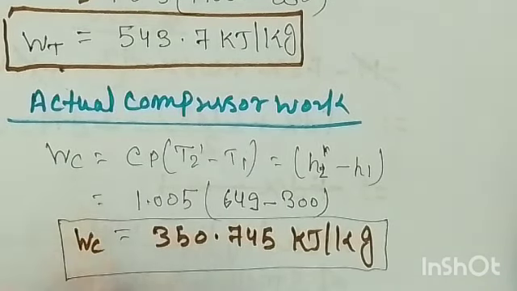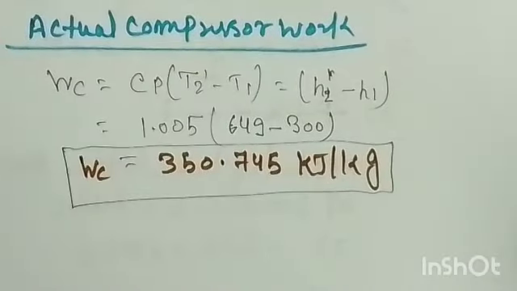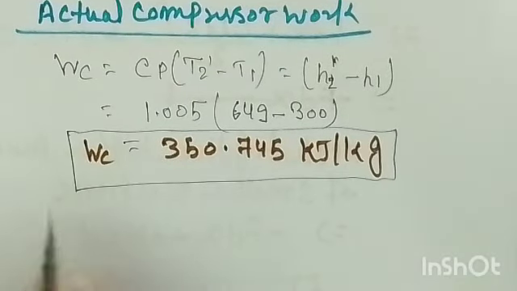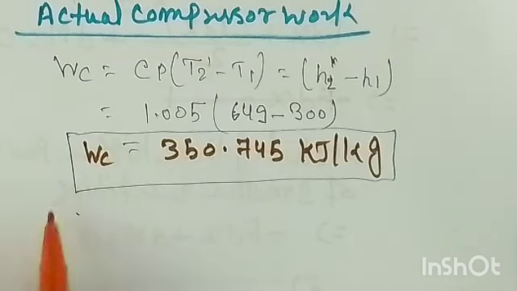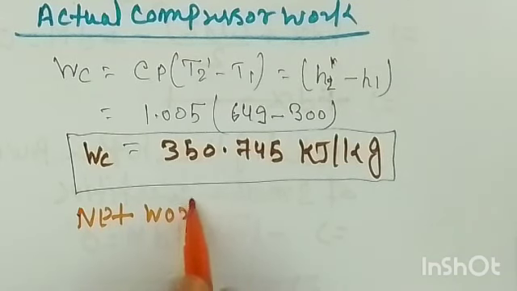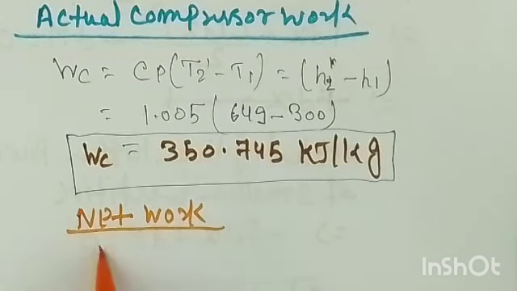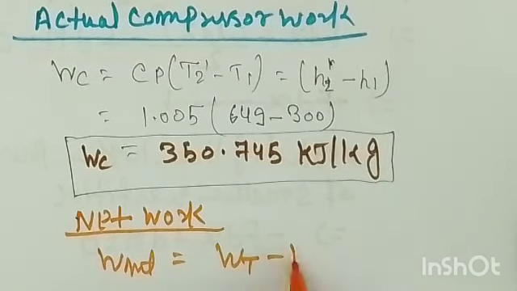Now we have a turbine work and a compressor work, so you can find the net work. W net is equal to turbine work minus compressor work.